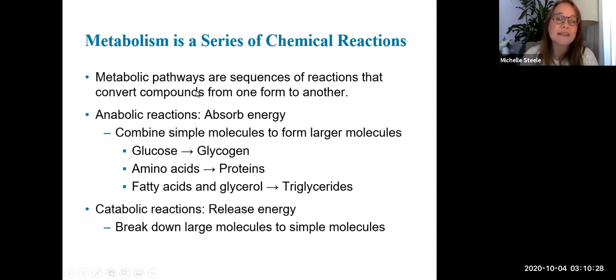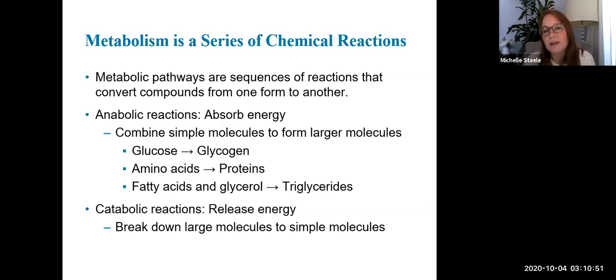Now, metabolism itself is a series of metabolic pathways that are sequences of reactions that convert compounds from one form to another, just as some of those examples we discussed. Metabolism is the sum of these chemical reactions.